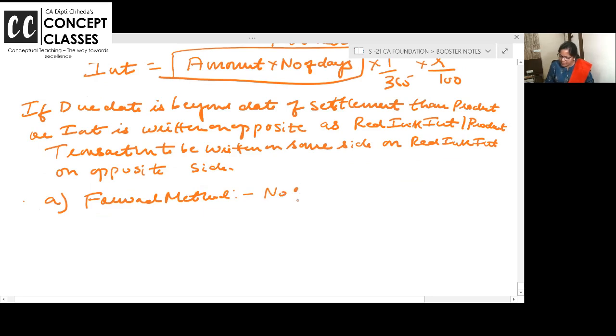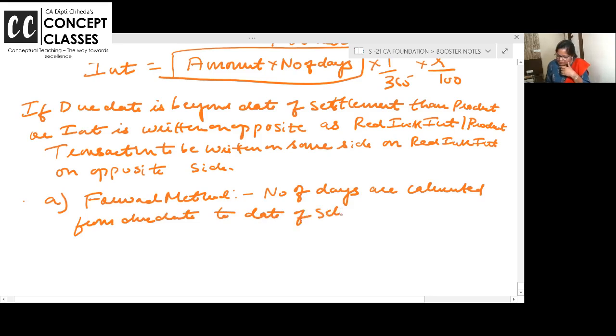In the forward method, number of days are calculated from the due date to the date of settlement. If you check your booster notes one day before the exam, it will be all clear.